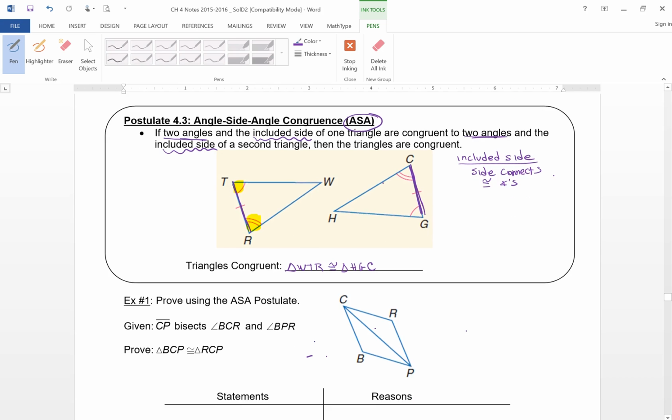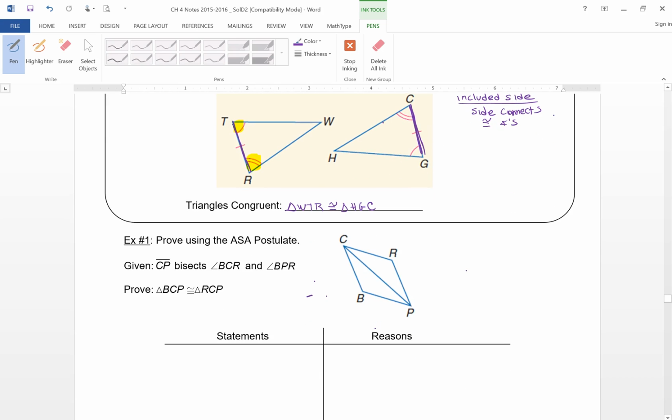So let's prove one using the ASA postulate. Sometimes you can prove triangles congruent using a couple of postulates. So sometimes it could be ASA and SAS. It could be ASA and AAS. And if it says to prove it using a specific postulate, we have to be mindful of that. Okay, we're told that CP bisects angle BCR and BPR.